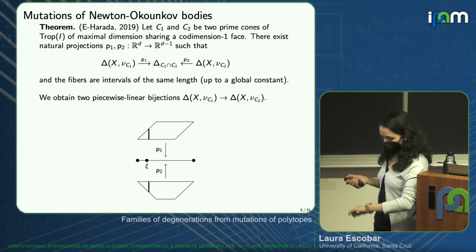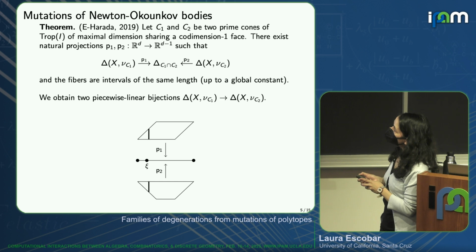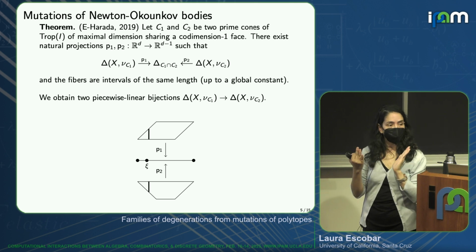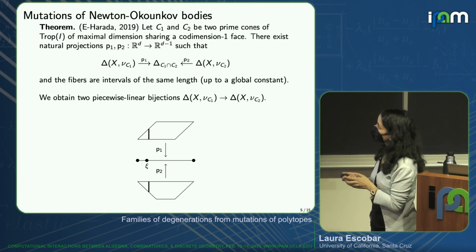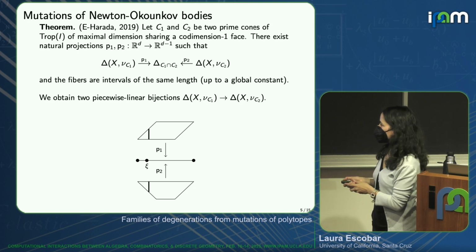And so a theorem of Megumi and I is that if you have two prime cones in the tropicalization that share a codimension 1 face, so they're adjacent and they are giving you toric degenerations, then you can have a projection. So the polytopes are very similar. They only differ in one dimension. So you have this picture.